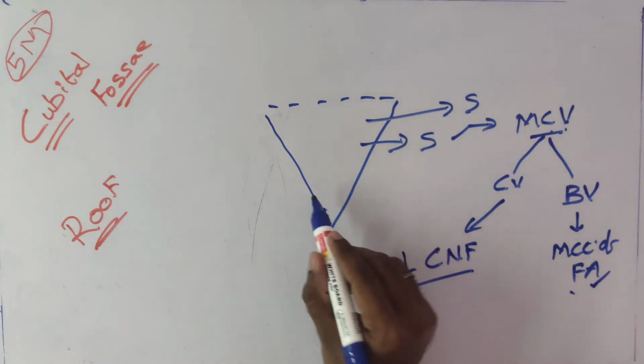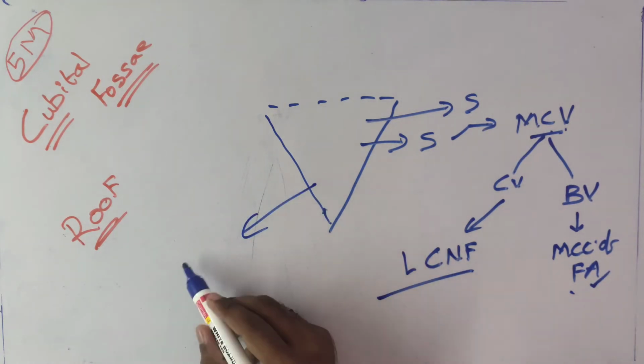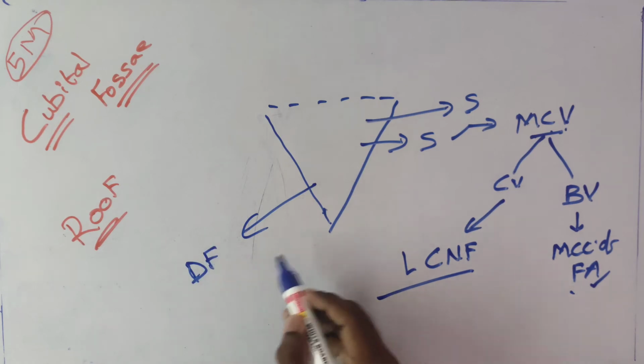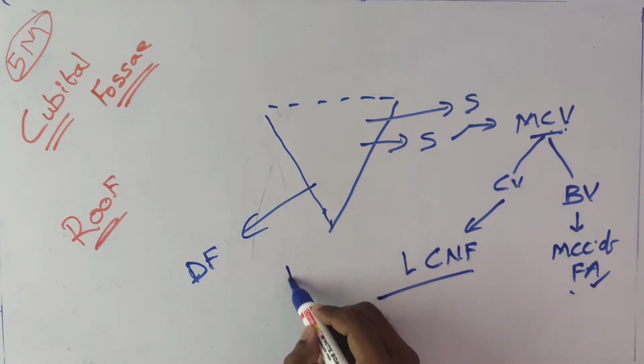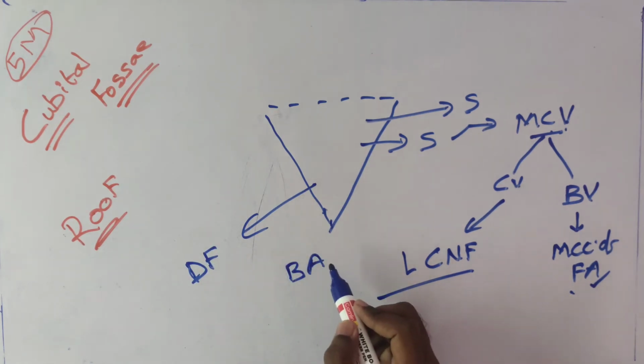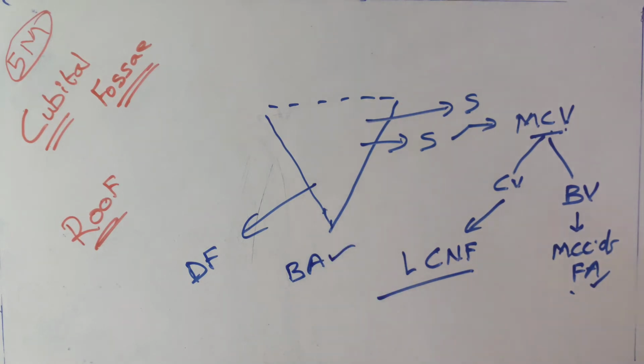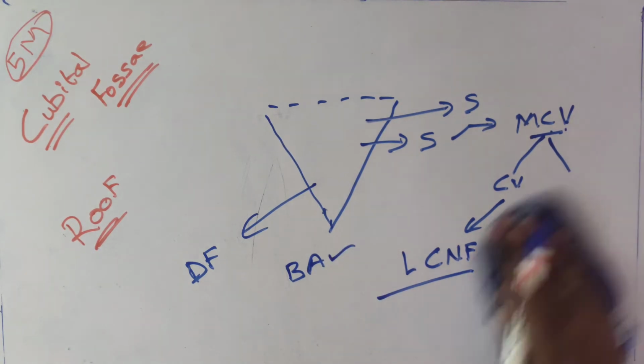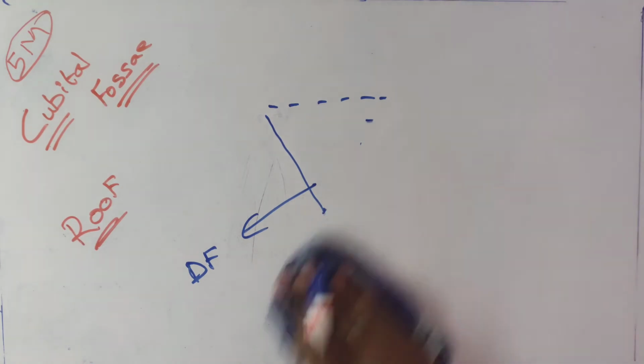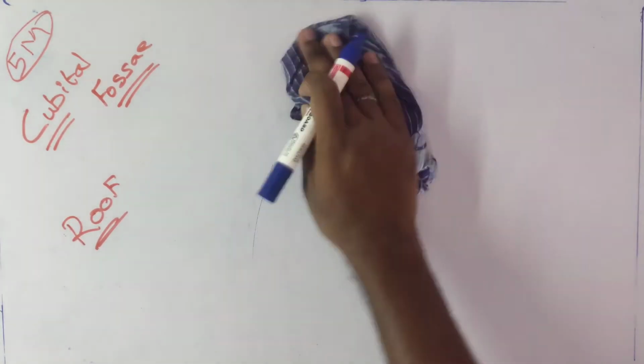Next, deep fascia: skin, superficial fascia, deep fascia, and at last bicipital aponeurosis. So the roof contains 4 parts: skin, superficial fascia, deep fascia, and bicipital aponeurosis.